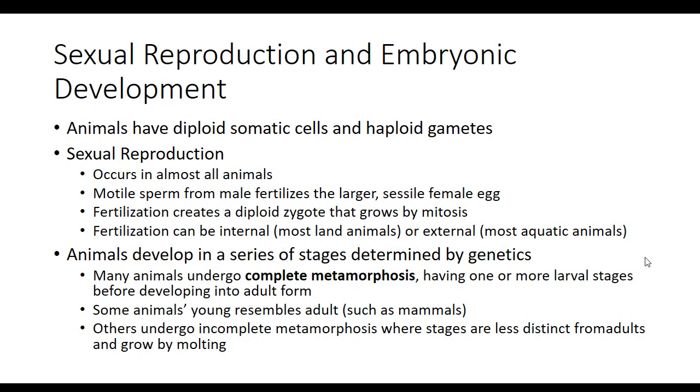But in the case of some insects, the young insects look pretty much like the adults, but they don't have wings yet. And so as they grow, they will develop wings. So the young are different from the adults in that way, but it's not a huge difference. So that would be called incomplete metamorphosis.